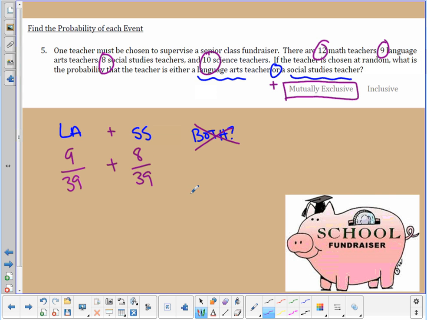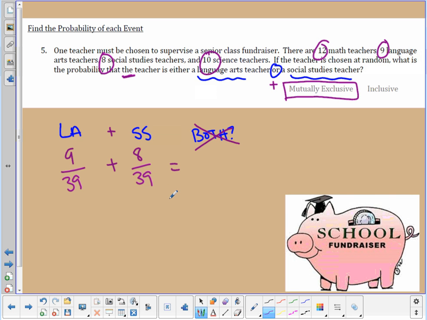Notice that my denominator didn't change because you're only picking out one teacher. So we're not worried about picking something here and picking something there. We just want to know what are the successes if we put these two things together. So our denominator does not change in these.